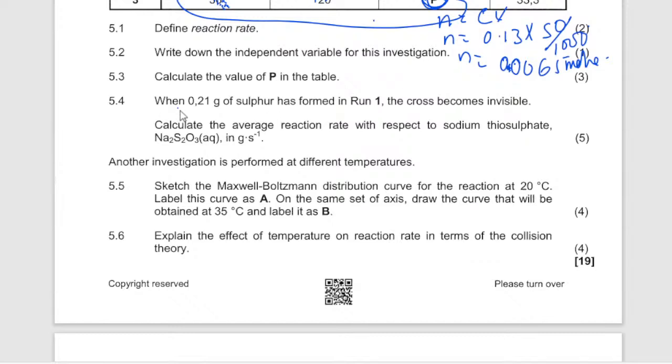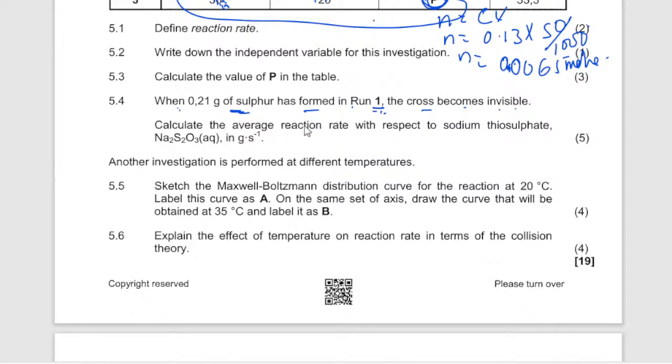Then let's go to question 5.4. They're saying that when 0.2 grams of sulfur has formed in run 1, the cross becomes invisible, meaning that that's the end point.